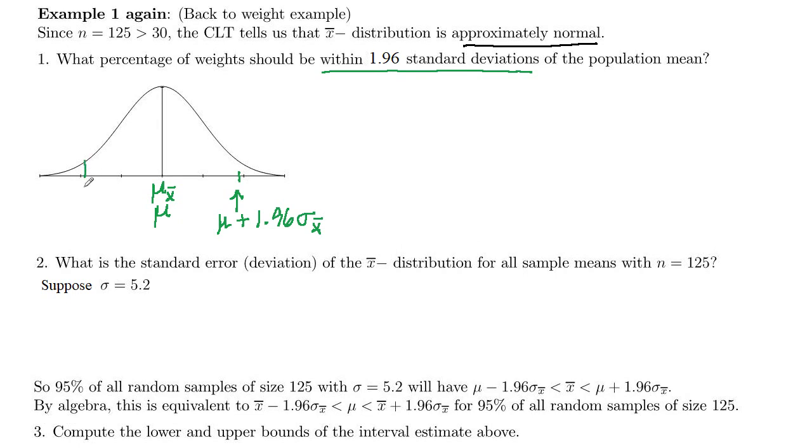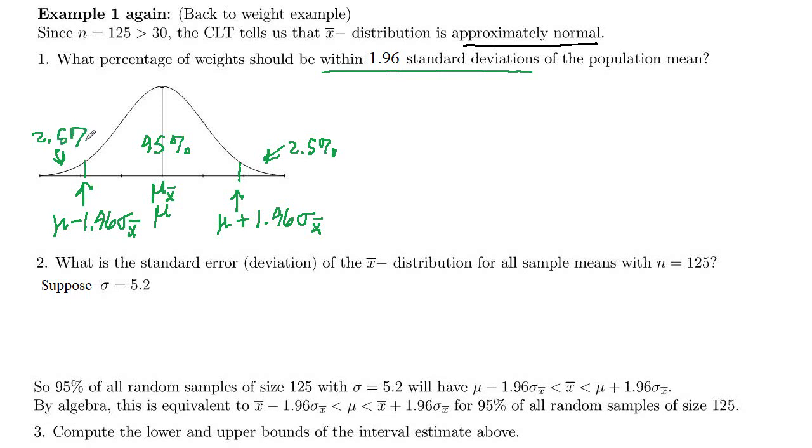And right here is the population mean minus 1.96 standard deviations of the sampling distribution. And what we saw up above was that this is 95% of the data. Okay, so that was the inverse norm calculation. We had 97.5% to the left, and that left us 2.5% of the samples out here and 2.5% out here.